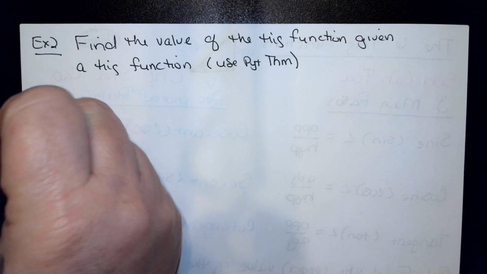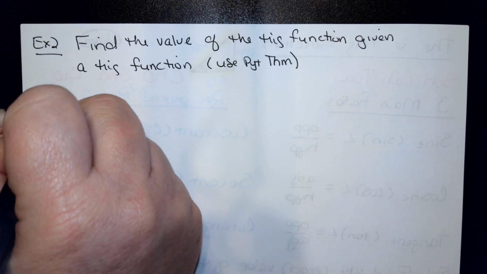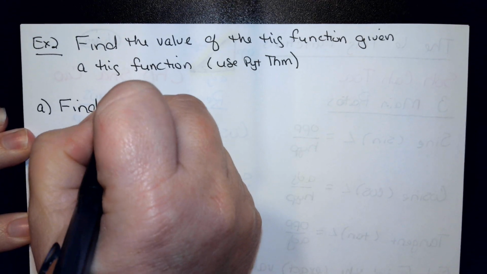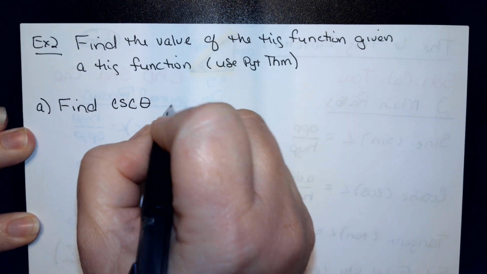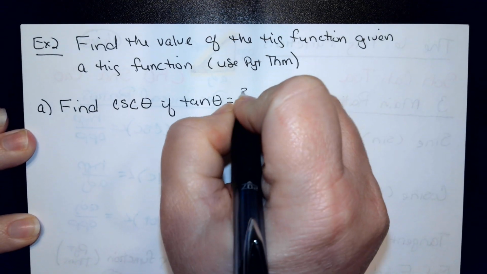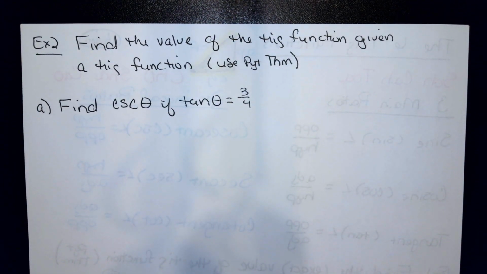And that makes a whole lot of sense, right? So, they're going to ask us to find the cosecant of theta if the tangent of theta is equal to 3 over 4. Notice I didn't give you a diagram.